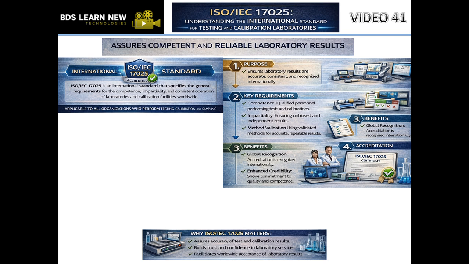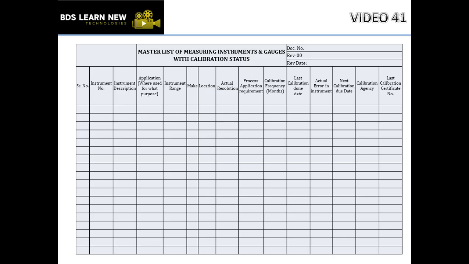So why ISO IEC 17025 matters? First of all, assures accuracy of test and calibration results, builds trust and confidence in laboratory services, facilitates worldwide acceptance of laboratory results. Then you can find this format reference for master list of measuring instruments and gauges with calibration status, right?